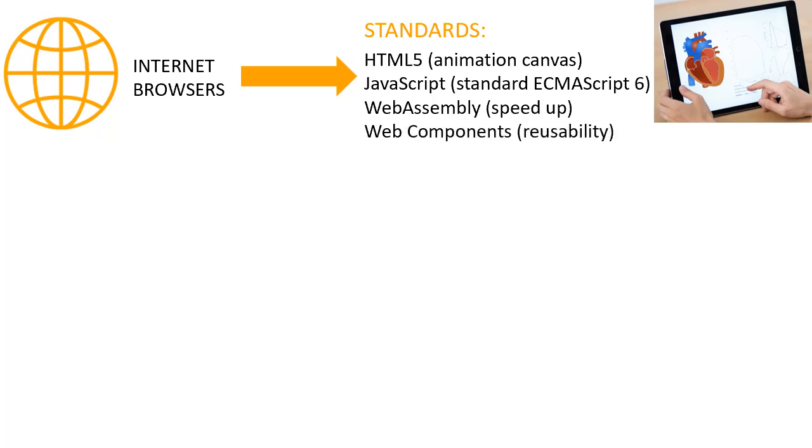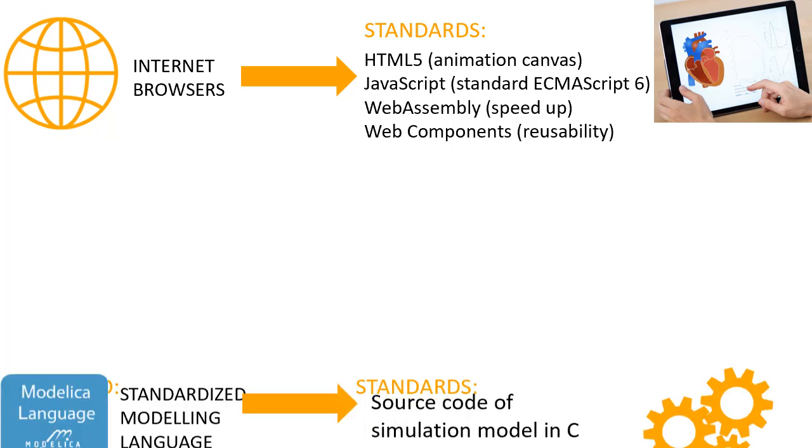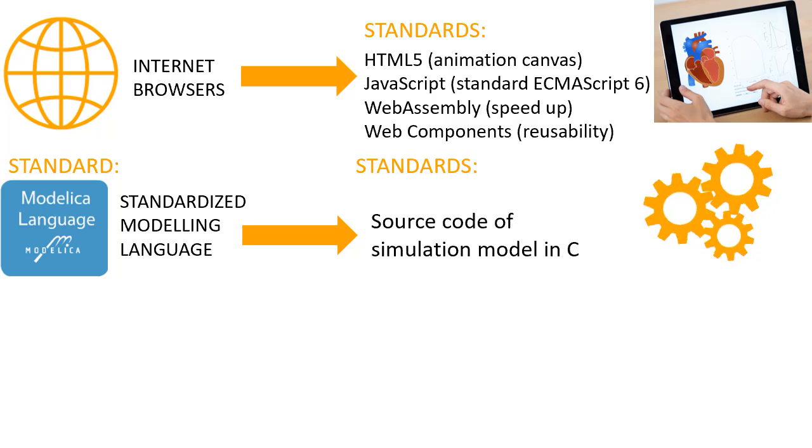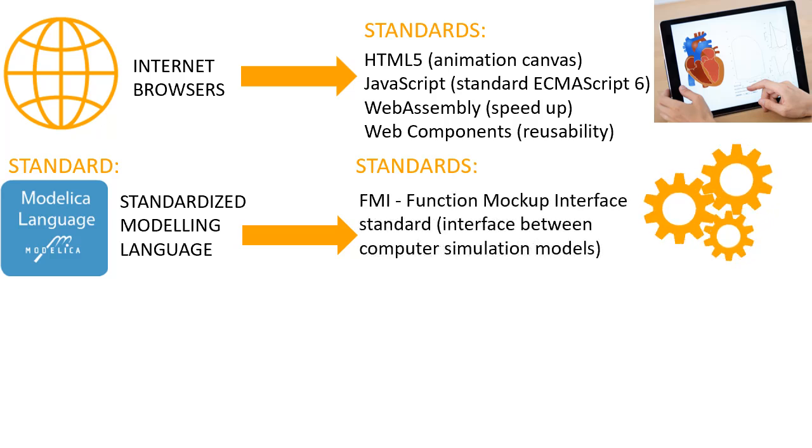The web component standard allows us to create reusable web components as new HTML elements. Another standard is Functional Mock-up Interface, FMI. The FMI standard allows the interconnection of simulation models.